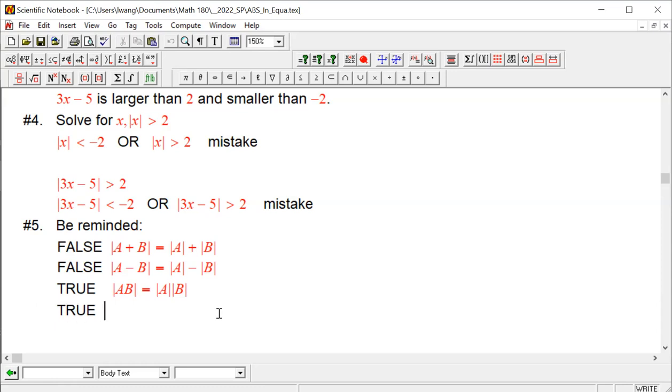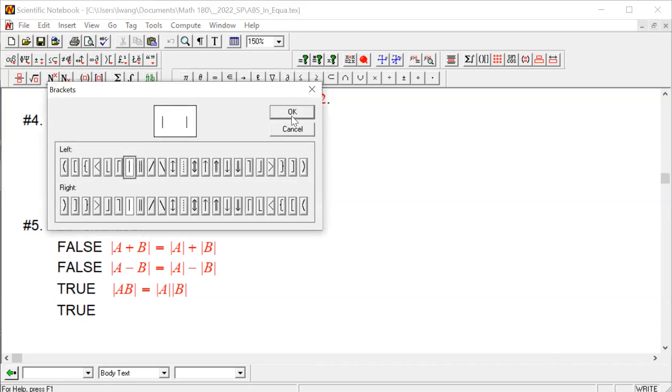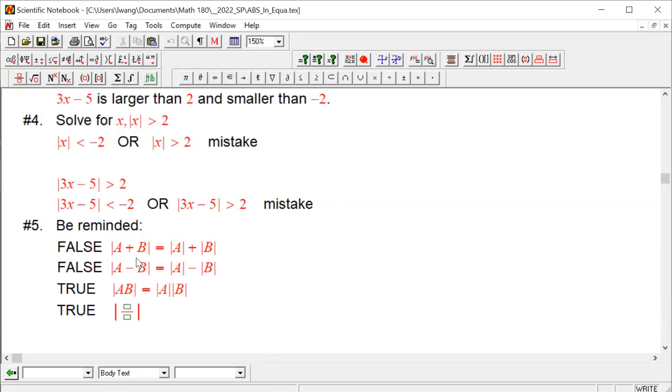So with absolute value operations, we have lots of constraints. You cannot say, oh, the absolute value of a sum equals the sum of absolute values. Those are false. Only for multiplication and division can we do that.